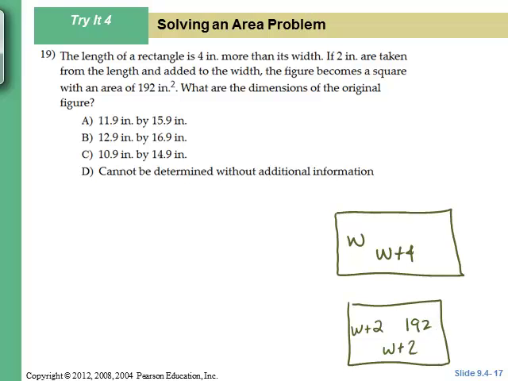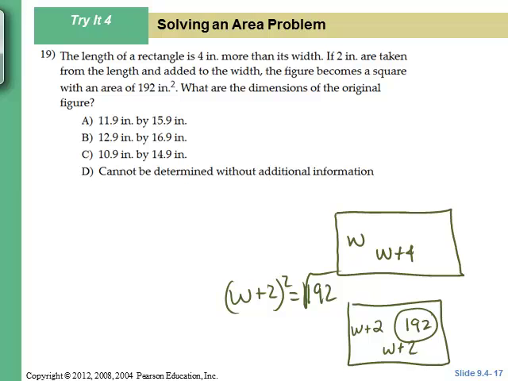What are the dimensions of the original figure? Well, since we know it's a square, that's 192, we can just say the width plus 2 squared is 192. Take the square root of both sides.